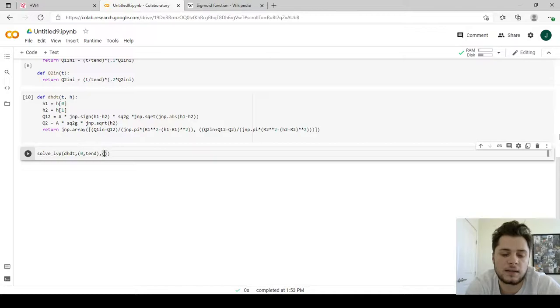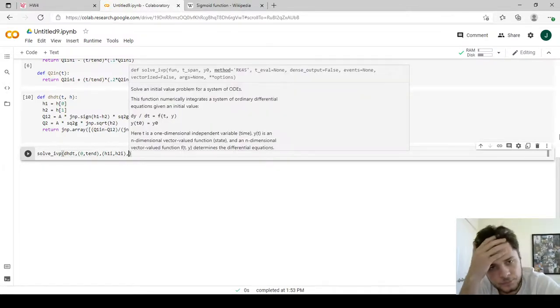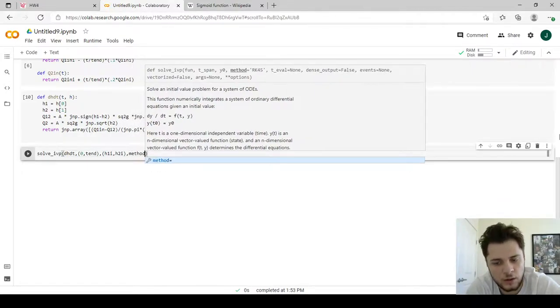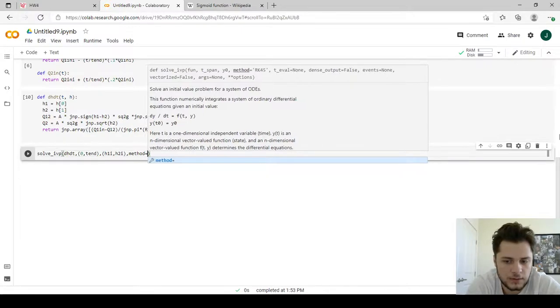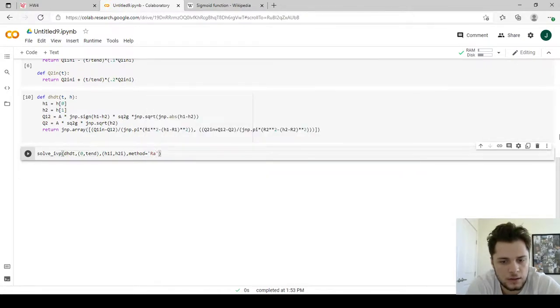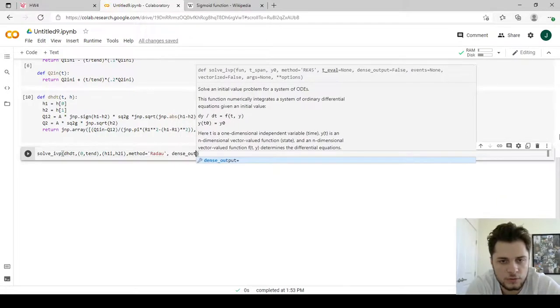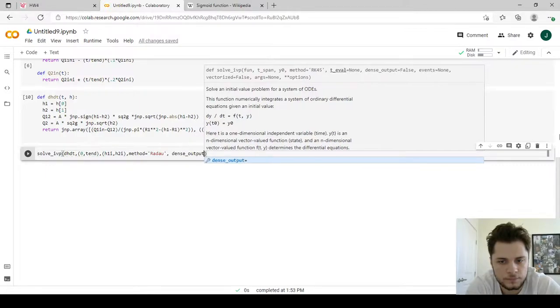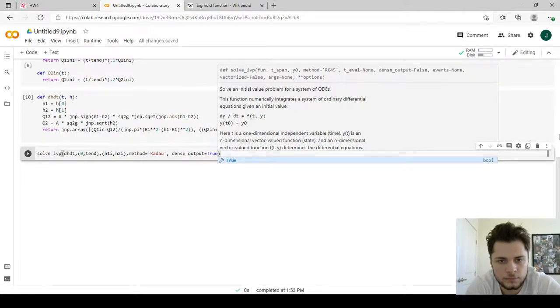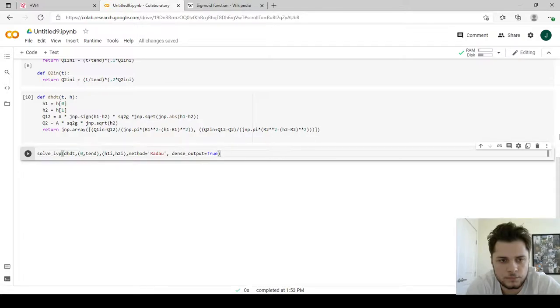And then the next thing it's calling for are the initial values that we give it, so h1 and h2 initial. And the method we're going to use is Radau, I think that's how you say it, R-A-D-A-U. And I want the dense output to be true. There.